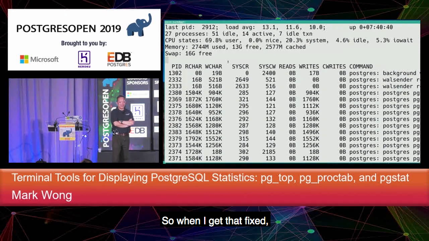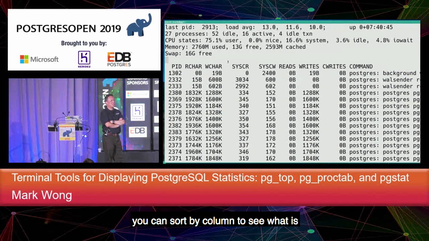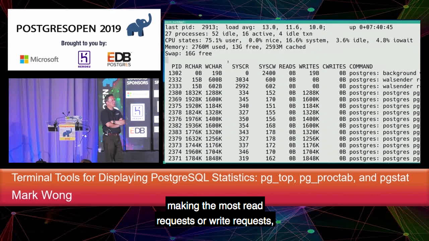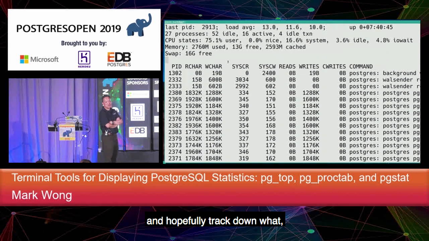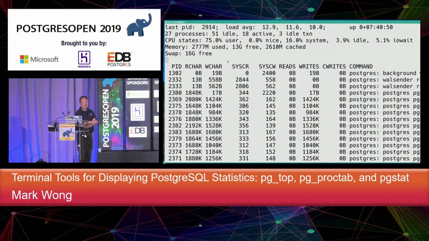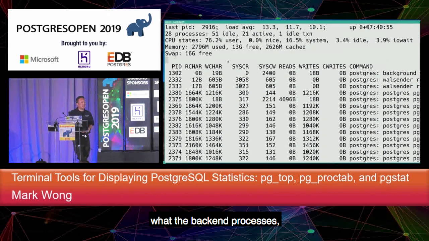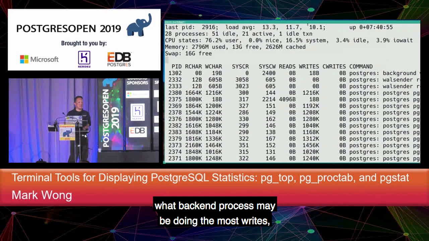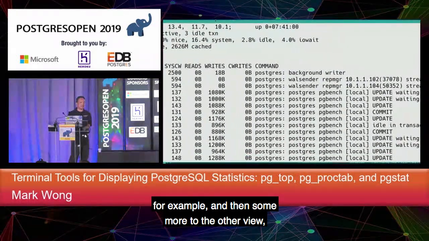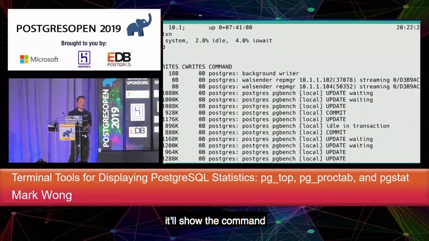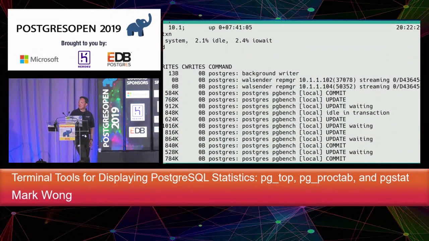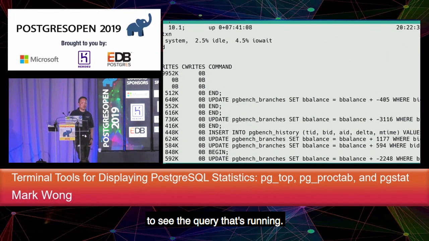When I get that fixed, you can sort by column to see what is making the most read requests or write requests, and hopefully track down what back-end process may be doing the most writes, for example. And then similar to the other view, it will show the command that you can toggle through to see the query that's running.